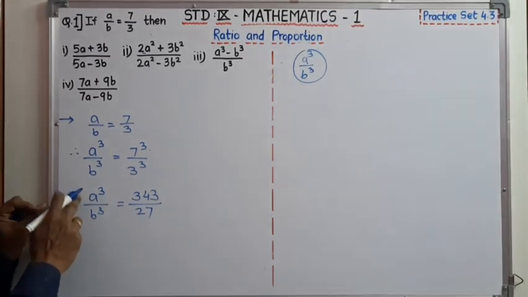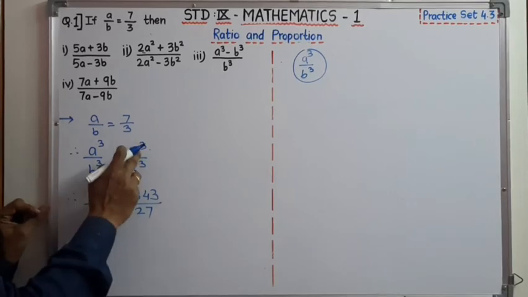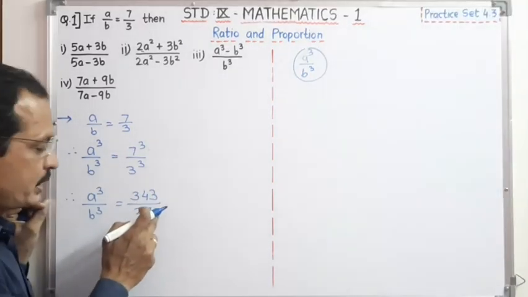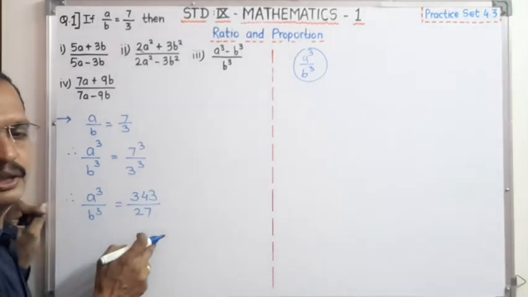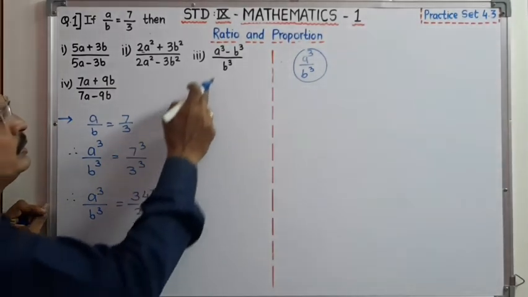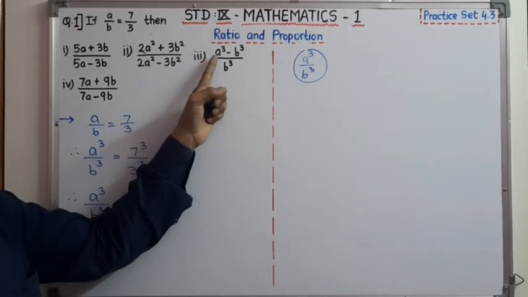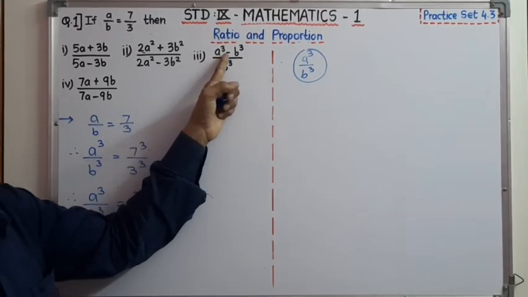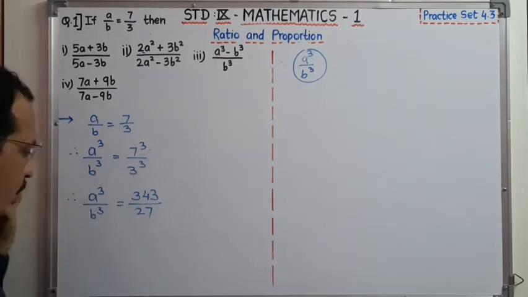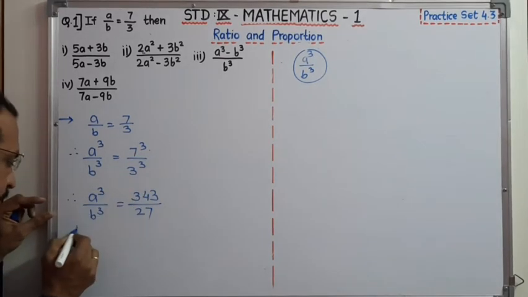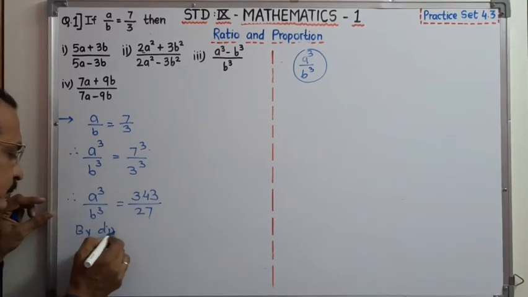Got it? Cube of 7 is 343 and cube of 3 is 27. Now, dear student, which process is there? Minus. Therefore, it is dividendo. Therefore, here we have to apply dividendo.